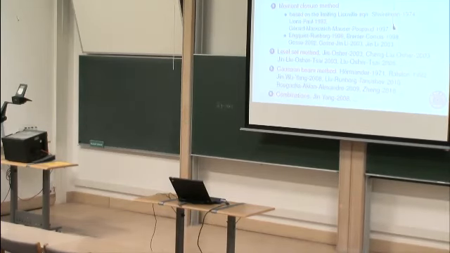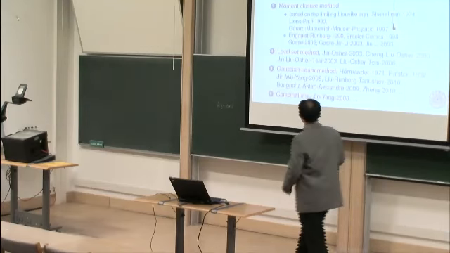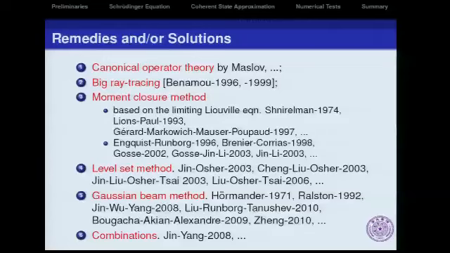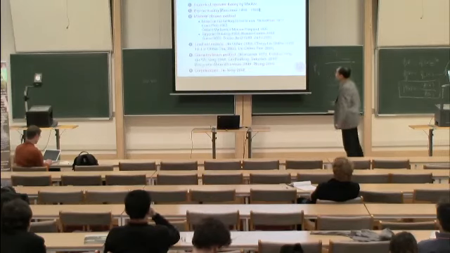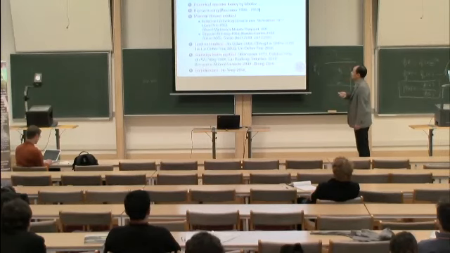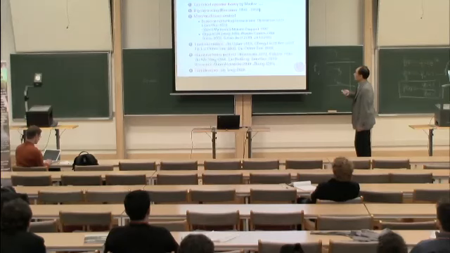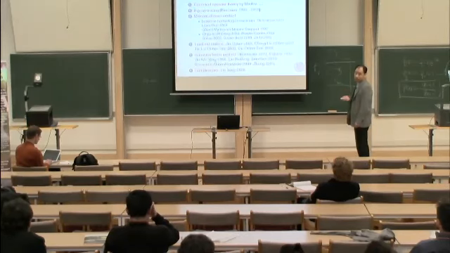And later on, there are many mathematicians who developed the moment closure method. And this method is based on the limiting Liouville equation, because if you do the Wigner transformation on the wave function, you get a Wigner equation. Wigner equation, and if you take a limit, you get a Liouville equation, and this is justified by many mathematicians.